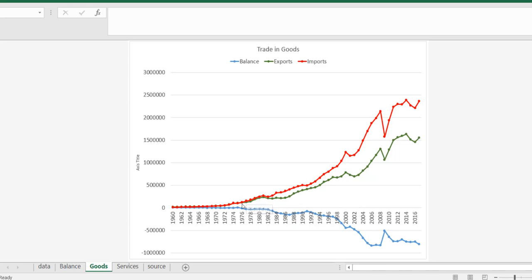The red line depicts our behavior in terms of buying from foreigners, and the green line depicts our behavior in selling to foreigners. So we are selling currently at historical highs, but also buying at historical highs. And note that the difference between our exports and imports has been increasingly greater. That's why our current account balance deficit has been increasing.